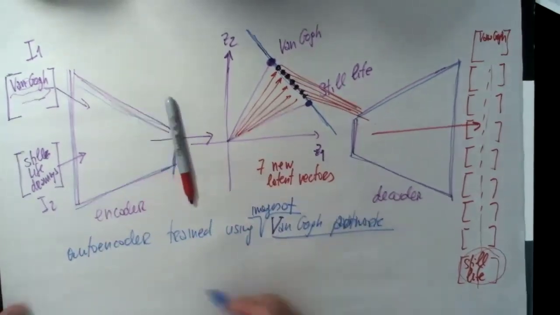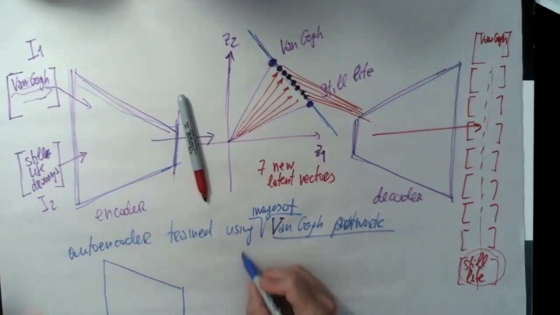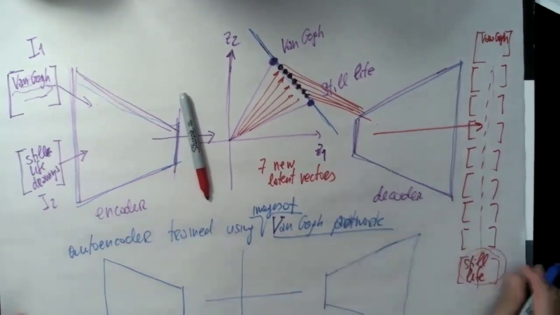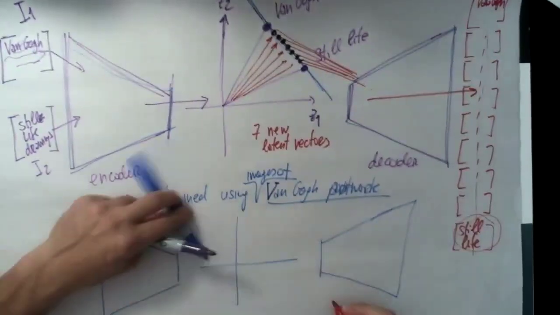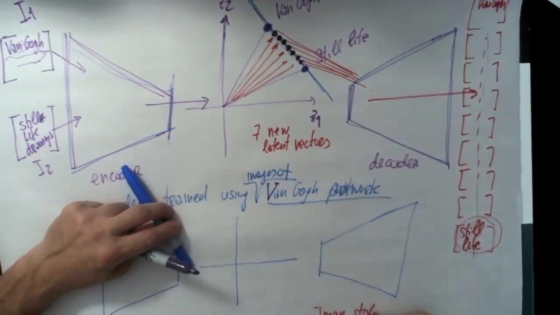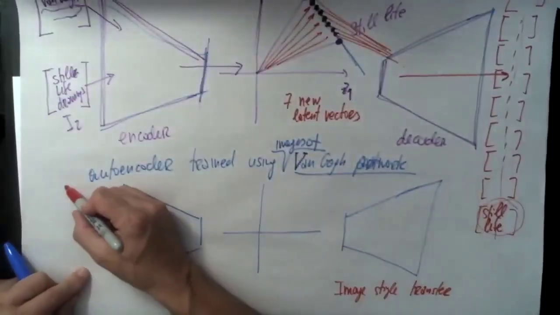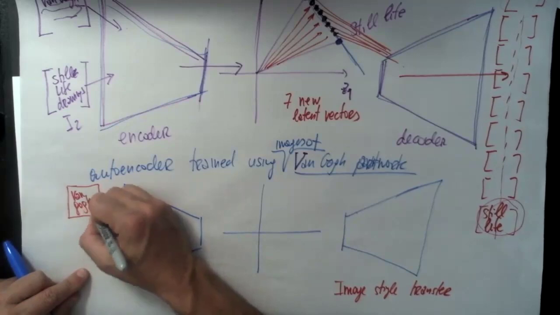With the same concept, you can also do style transfer. How? So imagine that the autoencoder has been trained on Van Gogh paintings.